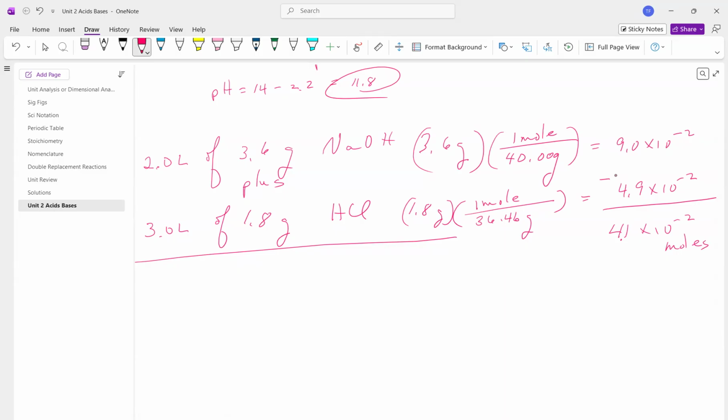So we're gonna do 3.6 divided by the molar mass for sodium hydroxide, which gives you 9 times 10 to the minus 2 moles. Doing the same thing for HCl, we've got 4.9 times 10 to the minus 2 moles. That means we have more OH than H. That means we're gonna end up calculating the pOH and then converting that to pH. Okay, so we've got all that.